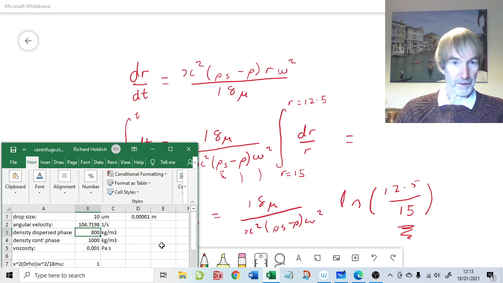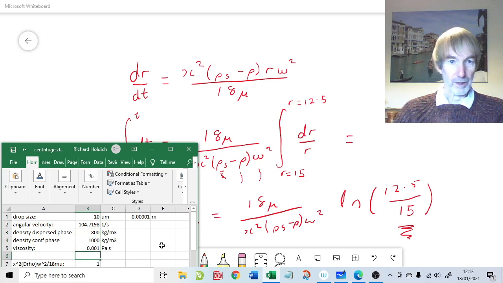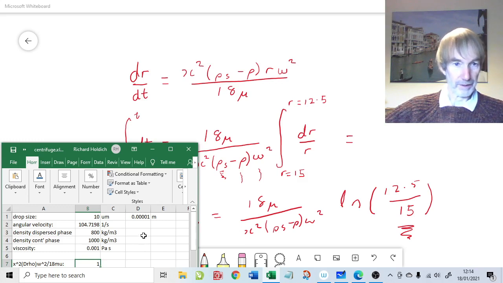The dispersed phase density is 800. Continuous phase density 1000. And the viscosity 10 to the minus 3 pascals. So the constants are all equal to, not 1, that's a placeholder. I left that open just to illustrate doing the calculation.